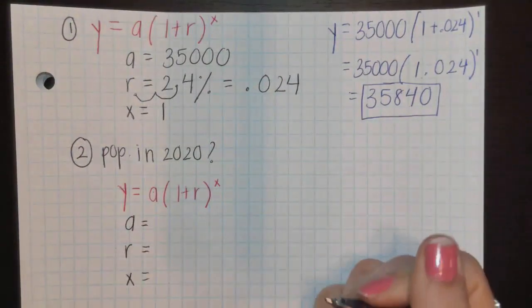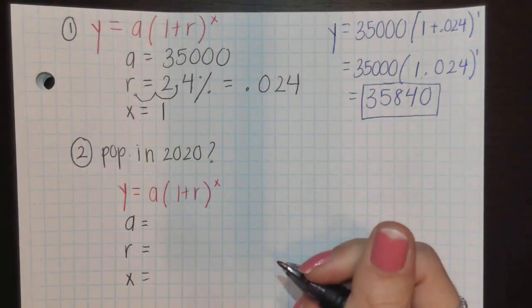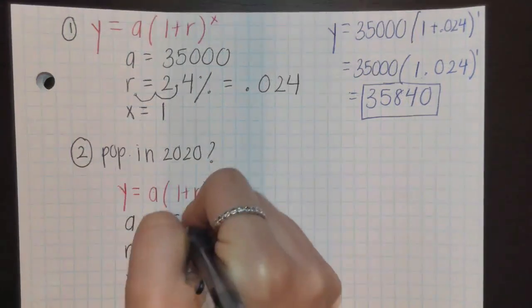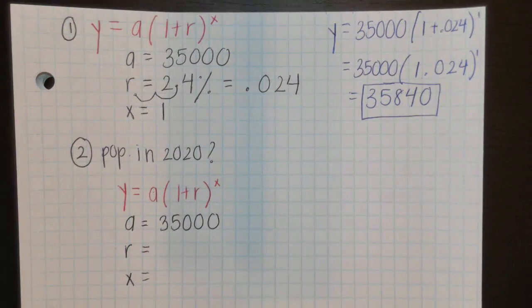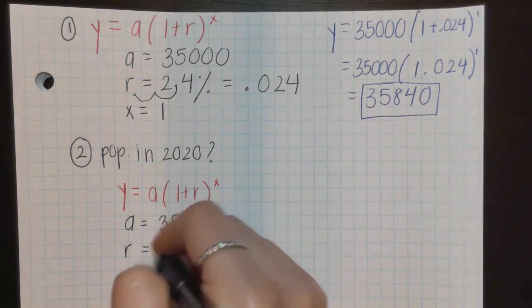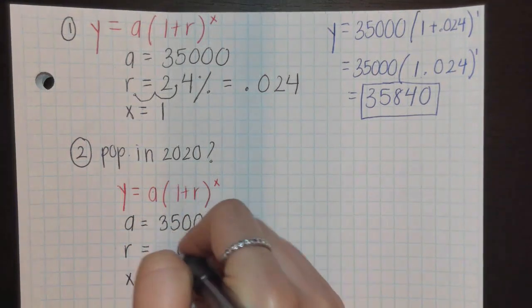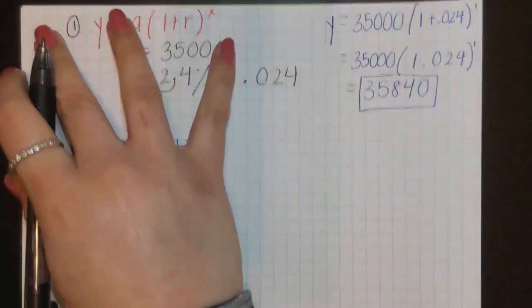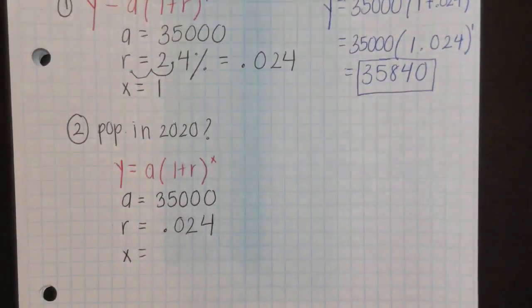Does the initial amount of people change based off of what they told you in question 2? Your answer to that should be no. So this is still 35,000. Does your growth rate change based off of what they give you in problem number 2? That also should be no. So this is still 0.024. I'm still growing by 0.024 or 2.4%.